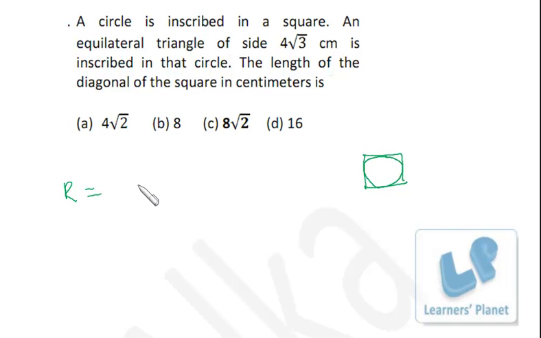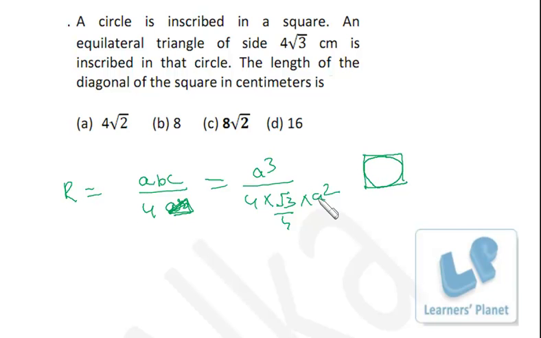Radius of the circumcircle, r is equal to abc by 4 times area, 4 delta. Being an equilateral triangle, the area will be √3 by 4 side square.